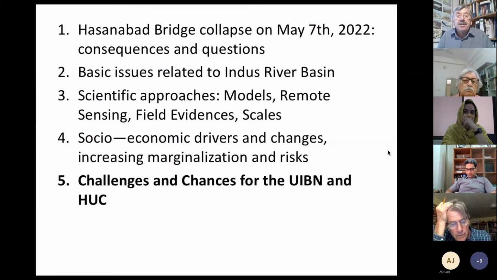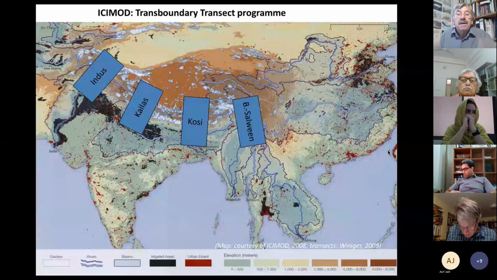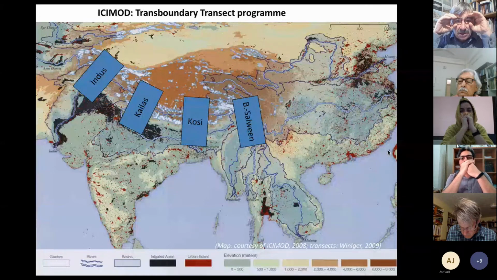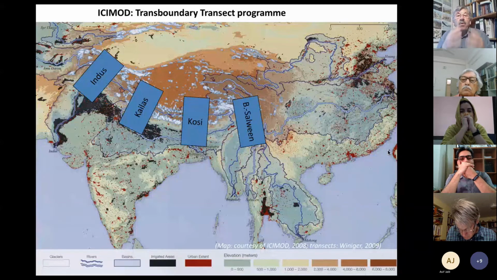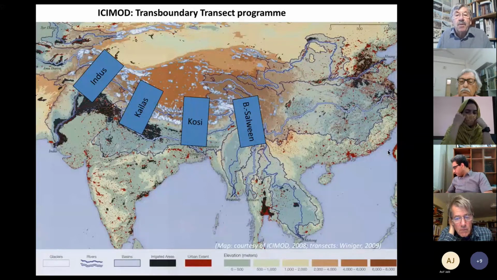Next slide, please. Challenges and chances for the Upper Indus Basin Network and Himalayan University Consortium. Very good. ICIMOD, which is located in Kathmandu and which all the mountain countries are members of, try to coordinate approaches to define the problems, to define political outcomes and so on.